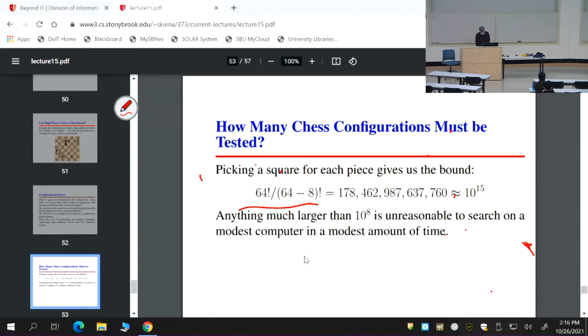And you get a number that's something like 10 to the 15th. Now, I am happy searching through about 10 to the 8th configurations on a computer in a few minutes. 10 to the 15th is a big number. I've got to get that number down if I'm going to be able to do a good job here. What other ideas can I use to reduce the search space?